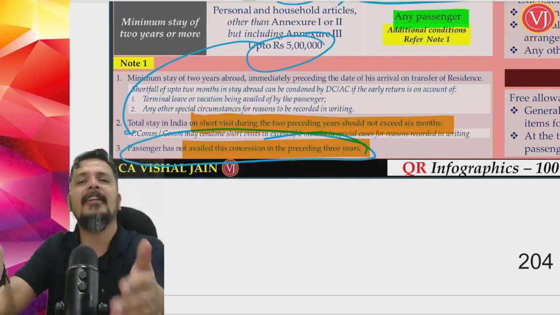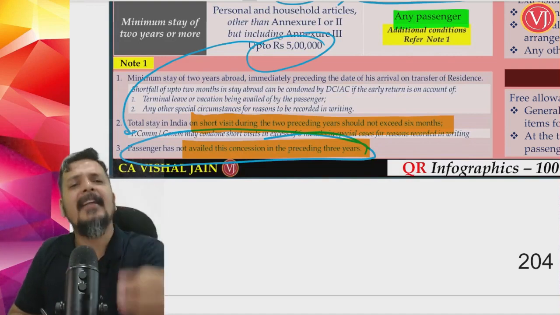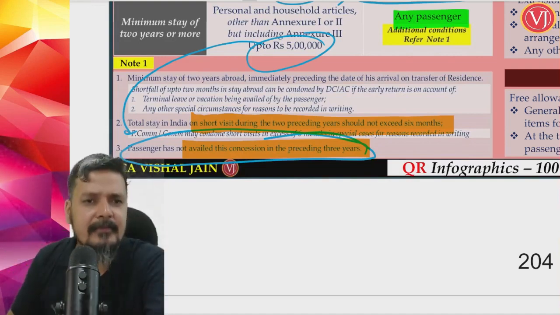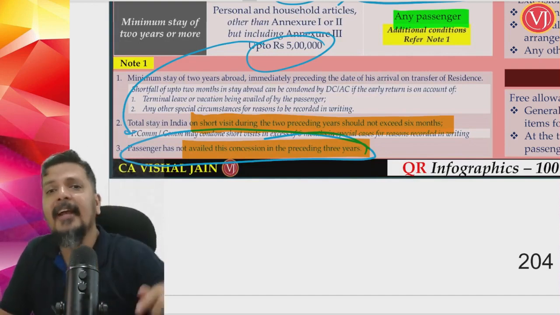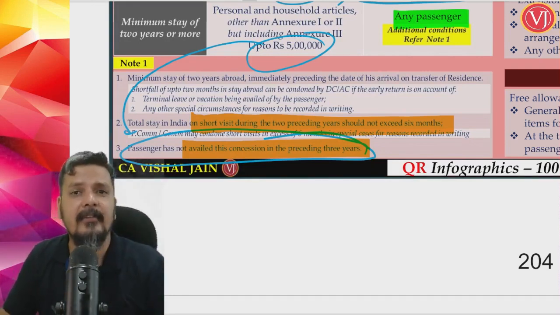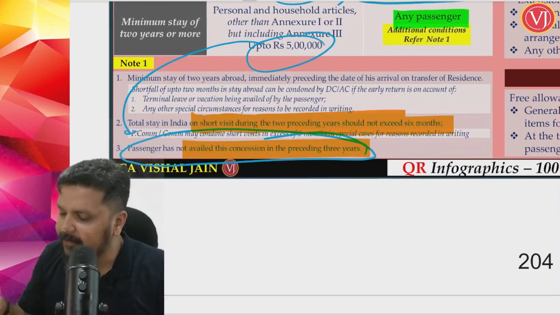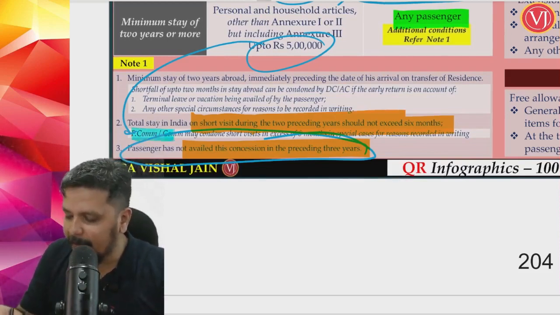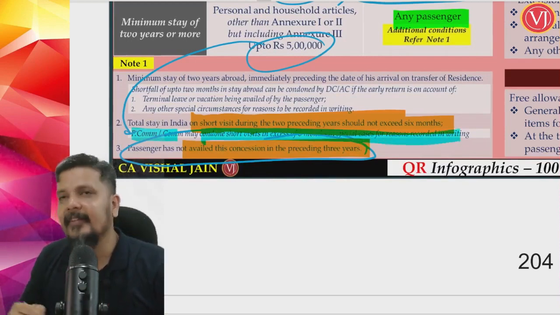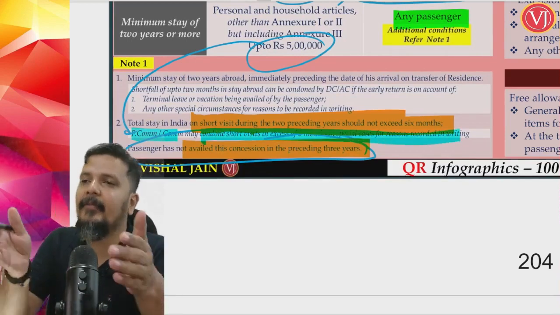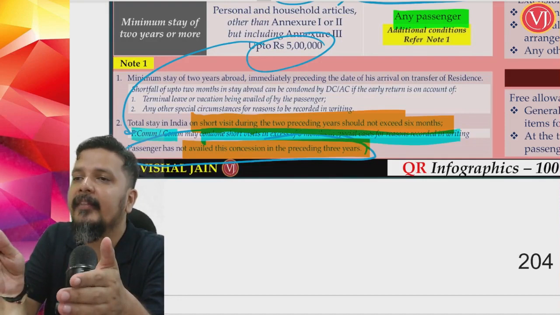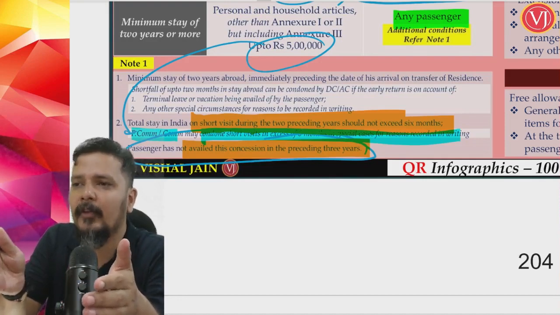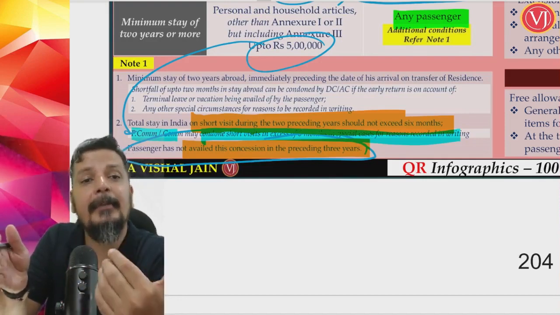Which means if you see the last 2 years, 1 year 6 months you were in India. But your total stay outside India was 10 years. Now don't you think that you are violating this condition? So they give a relaxation. They tell that, okay, the Principal Commissioner or Commissioner may consider this, understand why you stayed in India for more than 6 months in the last 2 years because of your family situation, and this may be ignored.